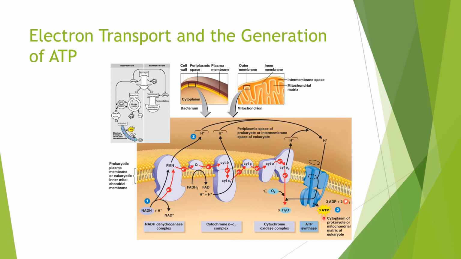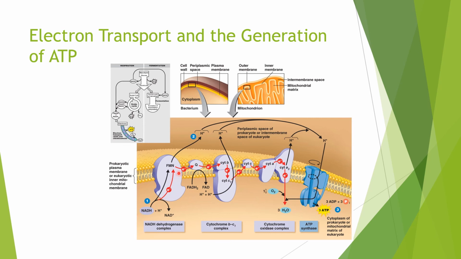So just to recap the most important steps that take place during the electron transport chain: one more time, those electron carriers, the NADH and the FADH2, are going to release the electrons that they are carrying.